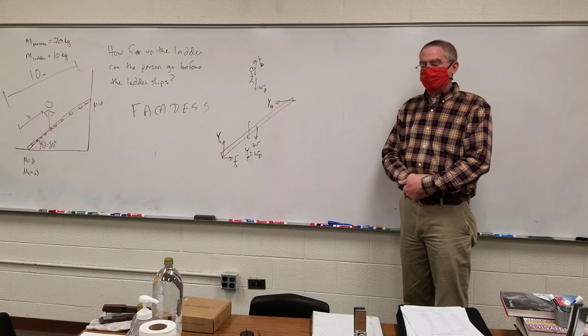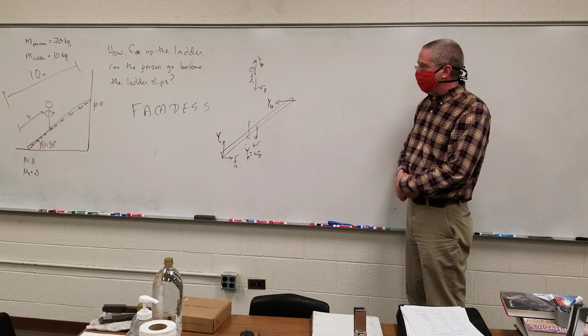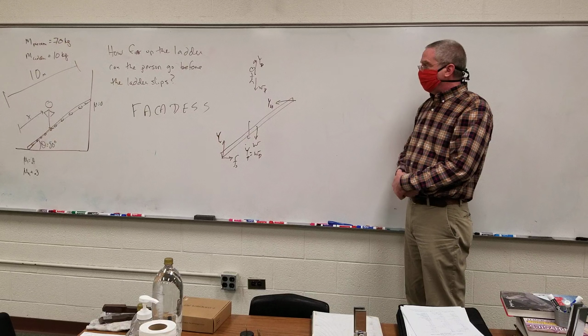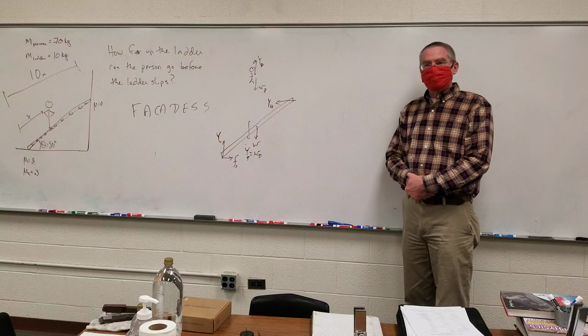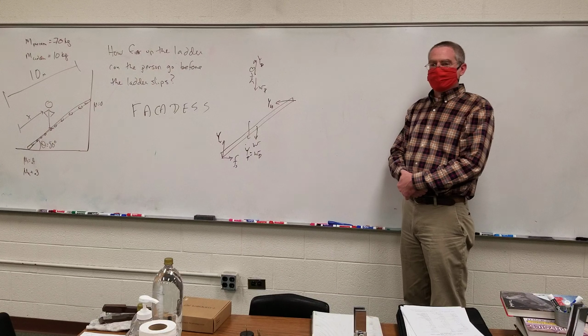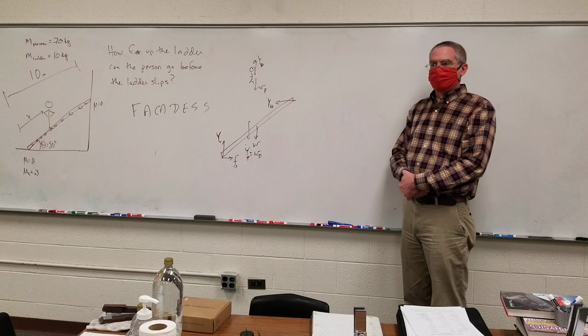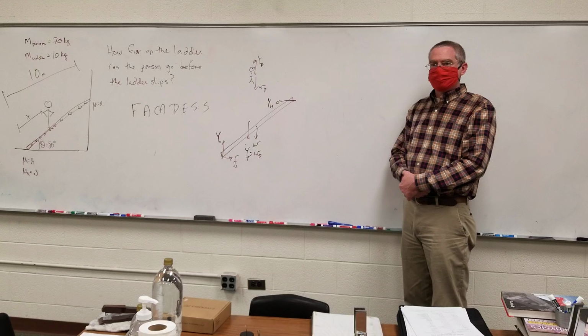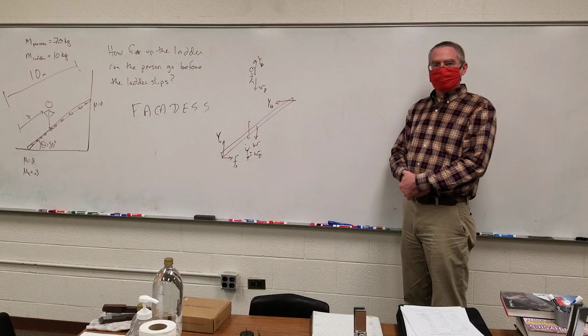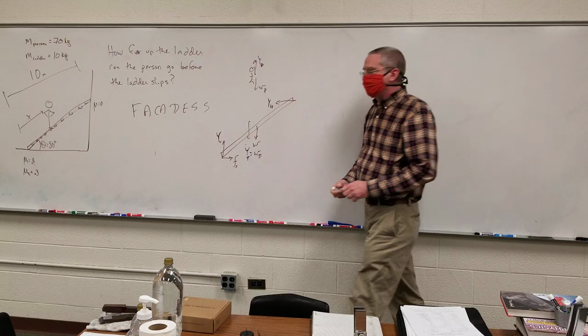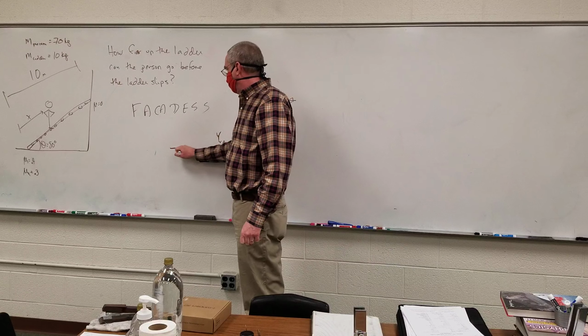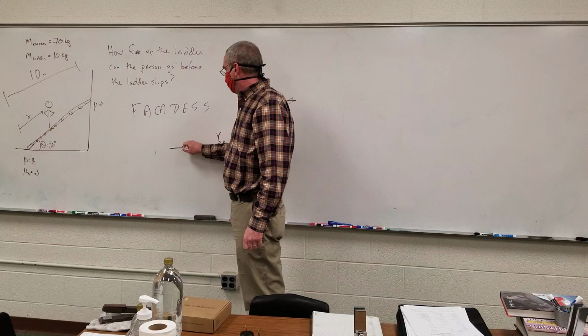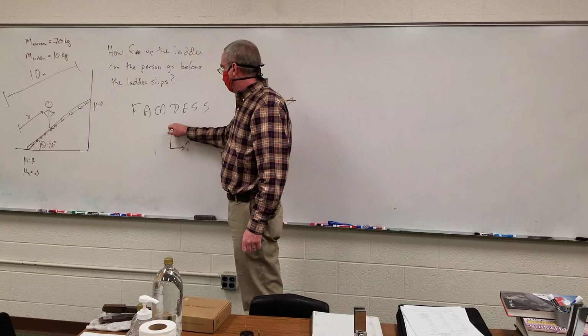So with the acceleration of 0 meters per second squared, how do you want to set up the coordinate system? I guess like normal, like earth coordinates, up is positive, right is positive. Since nothing's moving, I don't see a need to really switch anything around.